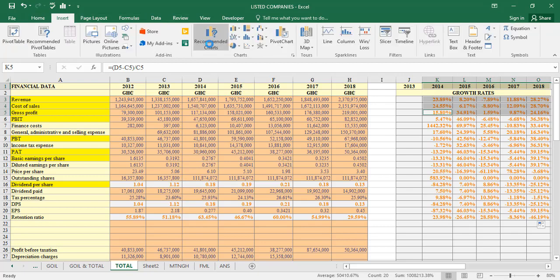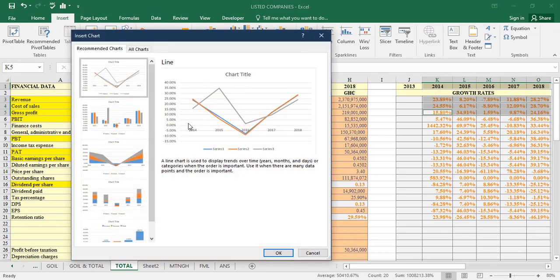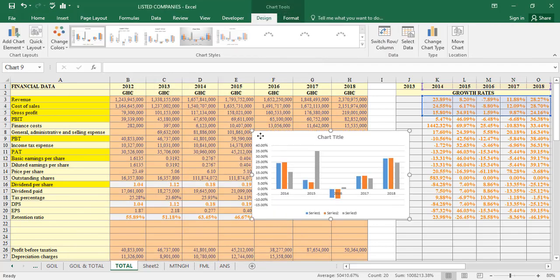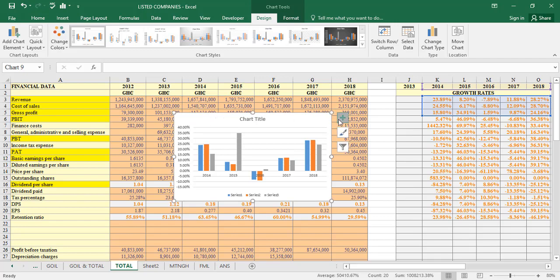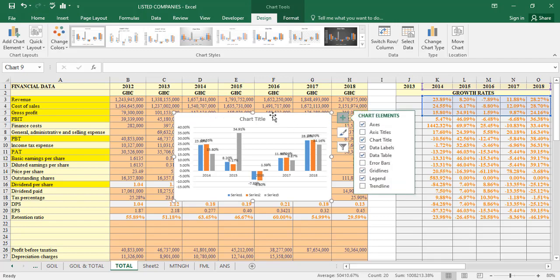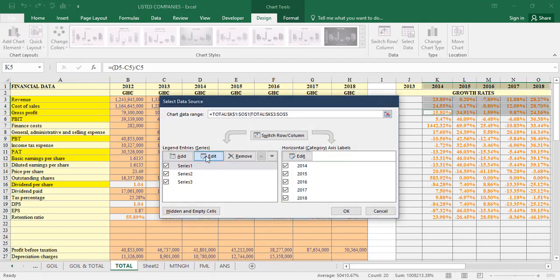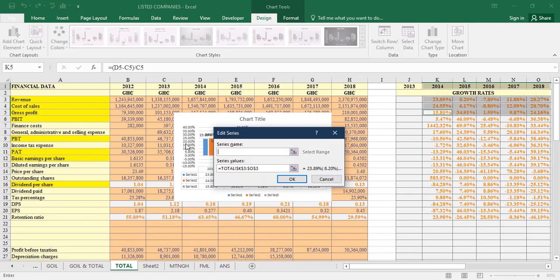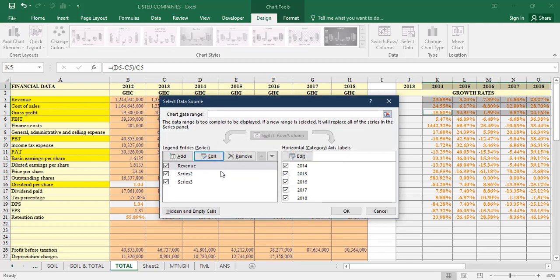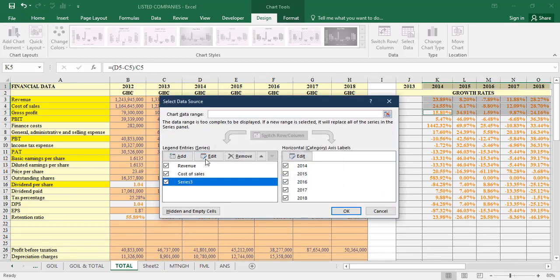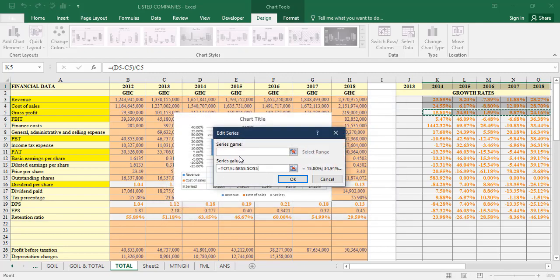So let's go for a beautiful chart. This will make it clumsy. Let's go for the column. Okay, so we have to showcase the data here, and then we rename the data. So we have series 1 to be the revenue, series 2 to be the cost of sales, and then we have the last series being gross profit.